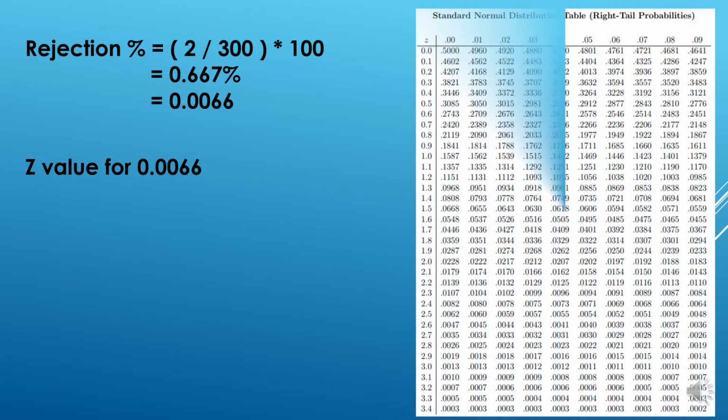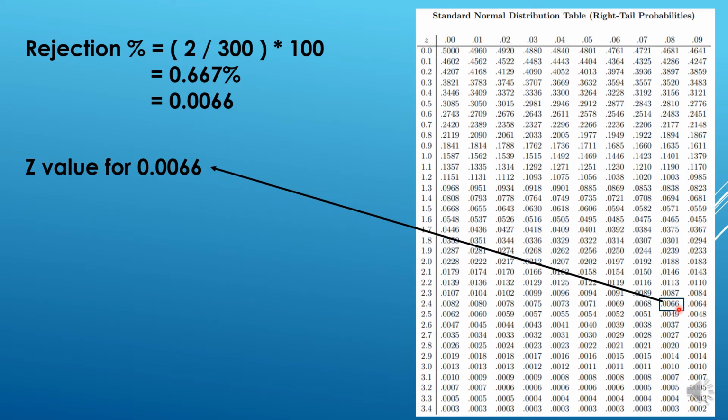I have given a right tail standard table here. How to use this table? I would like to use the laser pointer. The given value is 0.0066, that is the probability value you can see here, and you need to take the respective Z value. The first column is the first digit, and the further digit you can get from the first row.